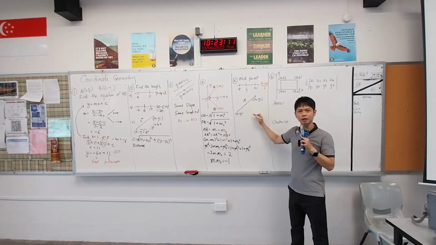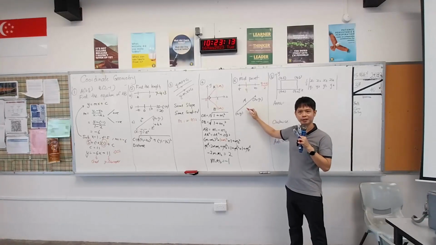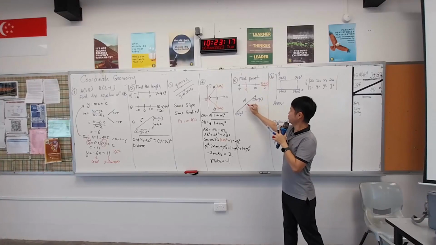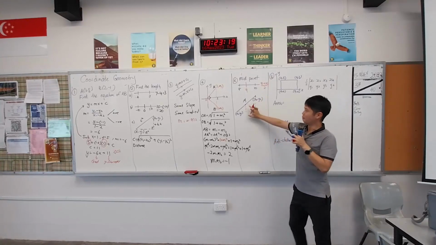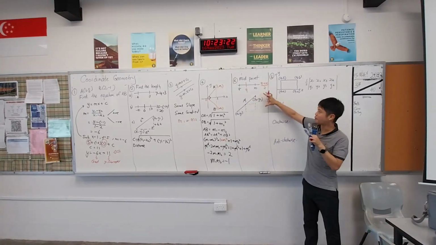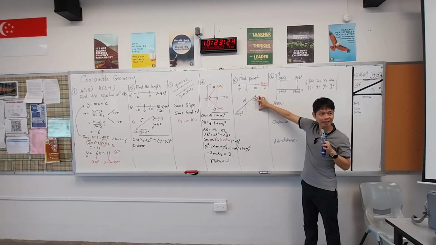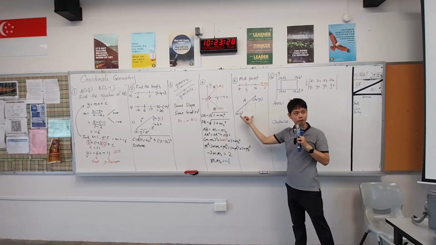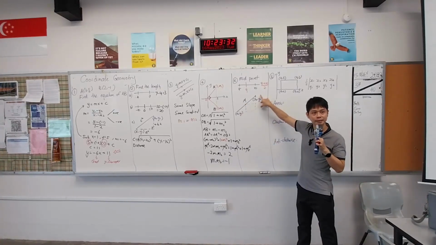A non-horizontal, non-vertical line. How do I find the midpoint? You will realize that the midpoint is also the midpoint of the vertical line. The midpoint is also the midpoint of the horizontal line, right? For the x-axis, and it's the midpoint for the y-axis.